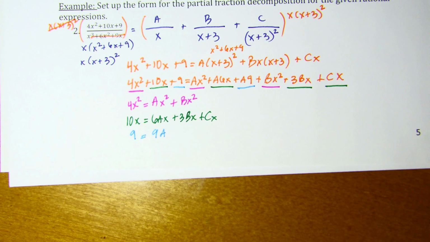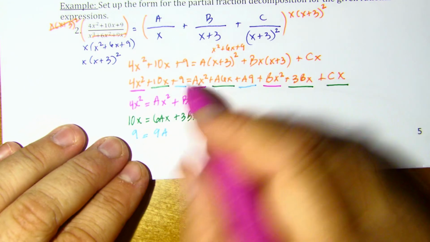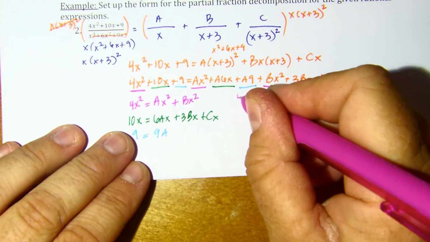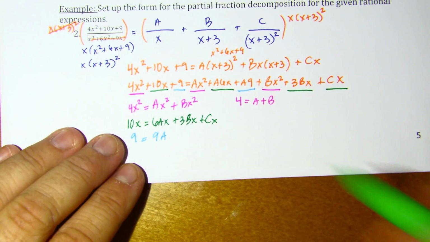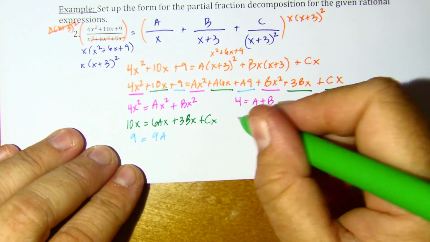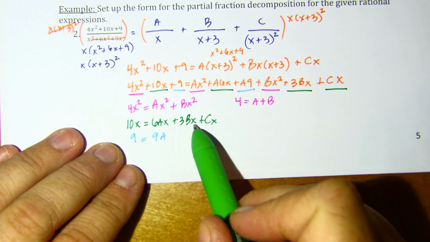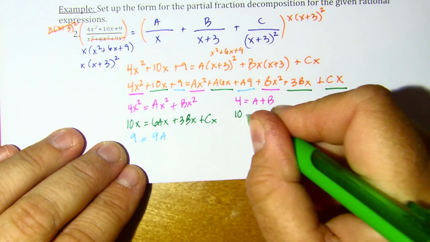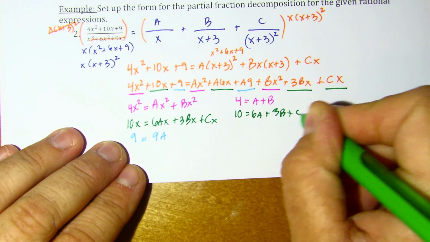Now I'm going to rewrite those top two equations first. So if I divide both sides of my equation here by x squared, that becomes 4 equals a plus b. If I divide the middle equation by x, the x will cancel, and I'll have 10 is equal to 6a plus 3b plus c.